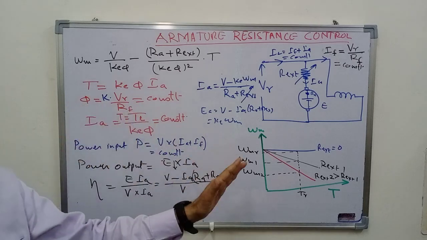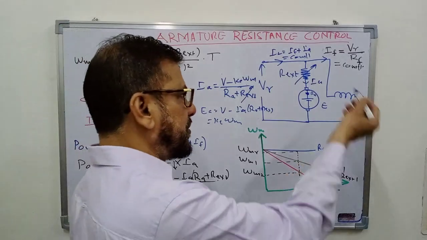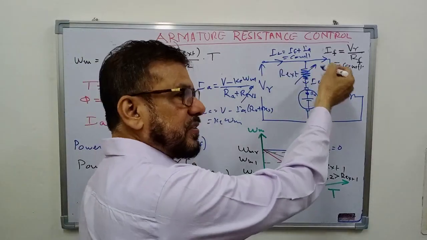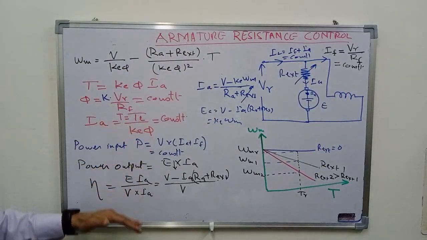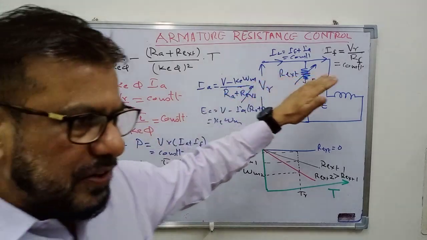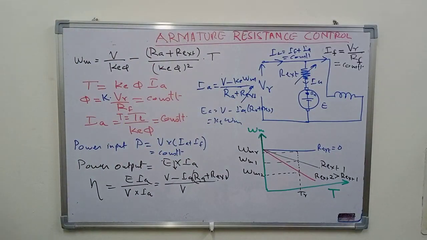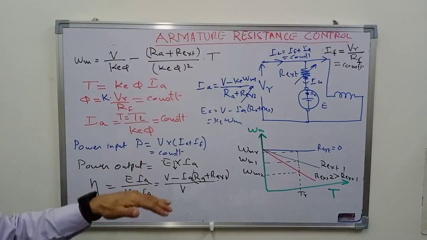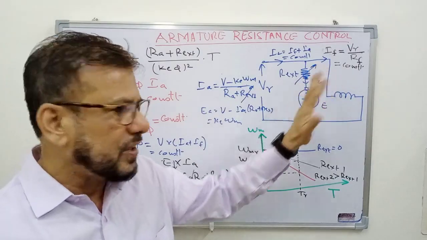Input power is constant, but the output power is decreasing. So actually what we are doing here is that we are wasting some of the input power in the external circuit resistance. So this means that efficiency of the motor will go on decreasing as we go on adding the resistance in the armature circuit. So in that way, you can say that the efficiency of the motor will become poorer as you increase the external resistance in the armature circuit.